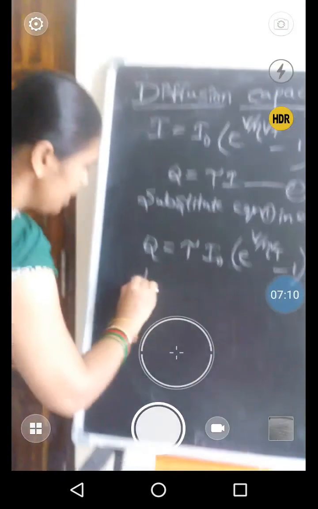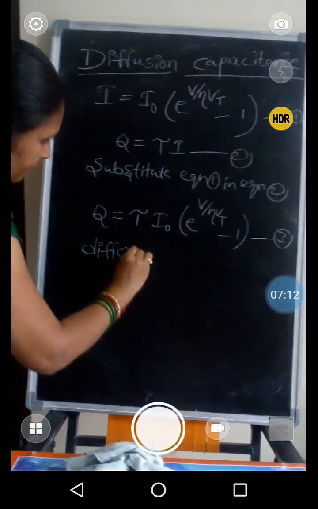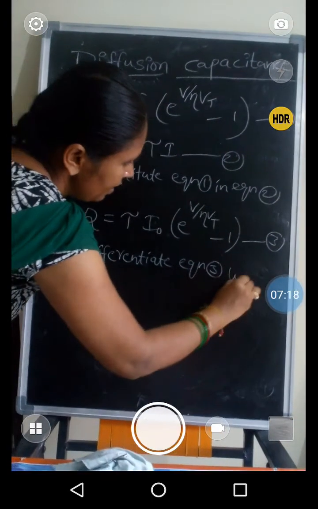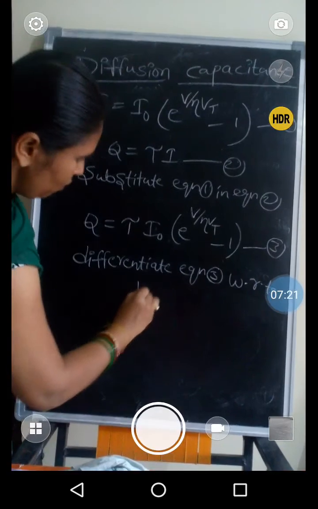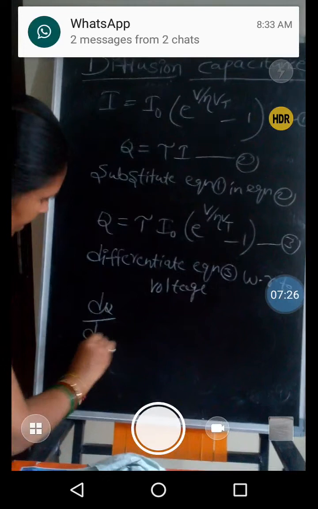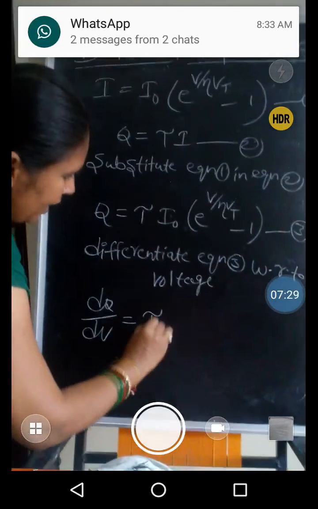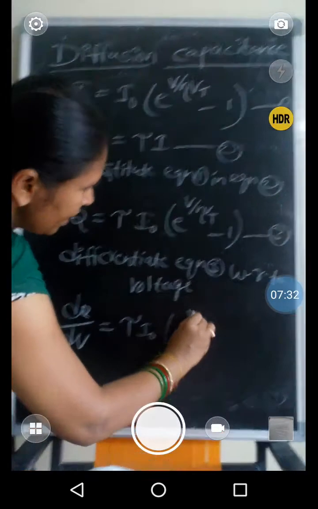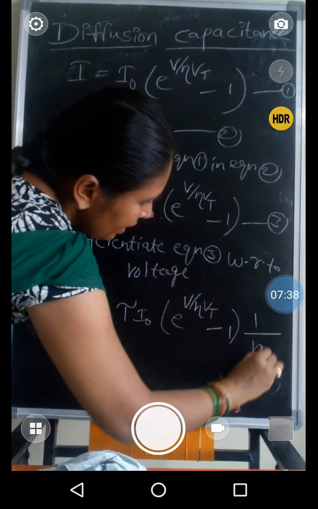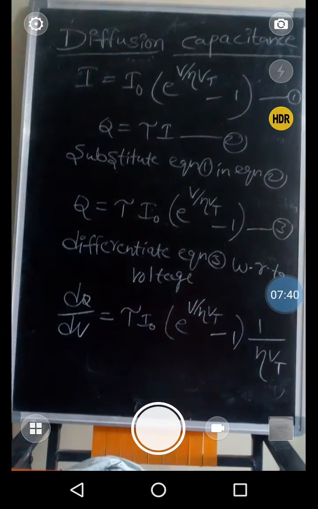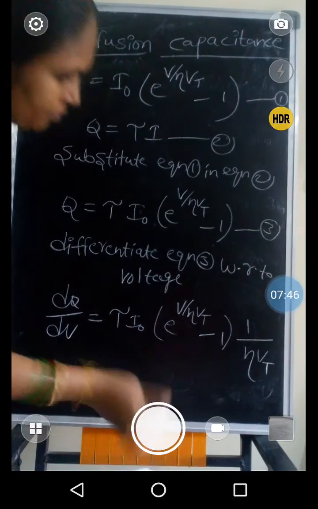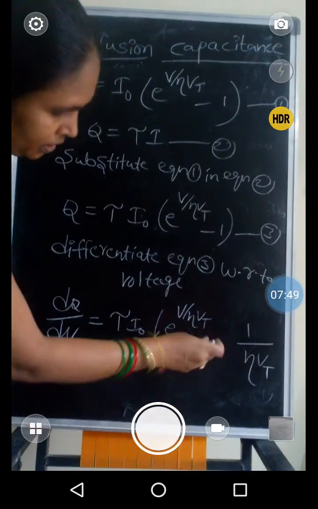Again, differentiate equation 3 with respect to voltage: dQ by dV equals tau into I naught into e power V by eta Vt minus 1, into 1 by eta Vt.